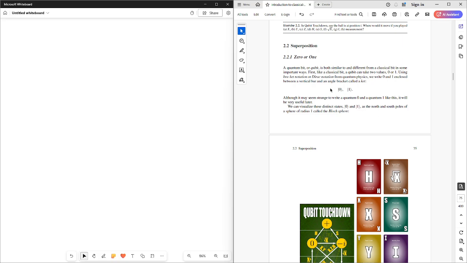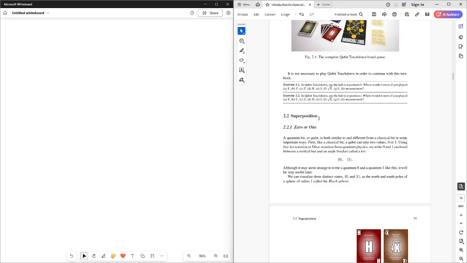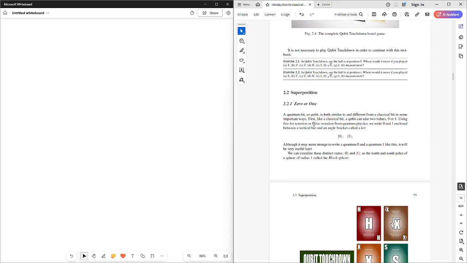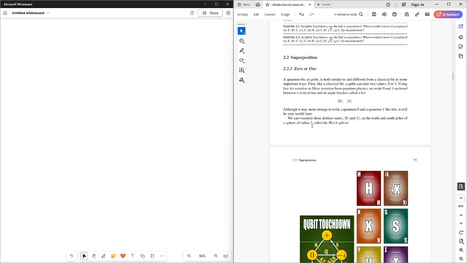All right. So let's dive into the world of the qubit. This is where things get interesting. So we've got our Dirac notation, where we write things with kets.